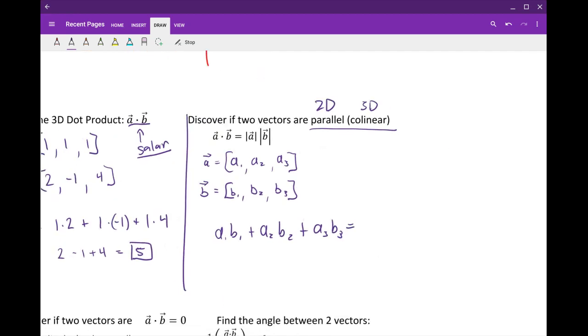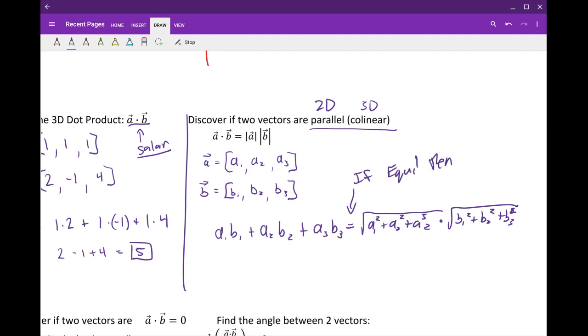If that happens to be equal to the square root of A1 squared plus A2 squared plus A3 squared times the square root of B1 squared plus B2 squared plus B3 squared, then if these two are equal, A and B vectors are parallel. A is parallel to B.